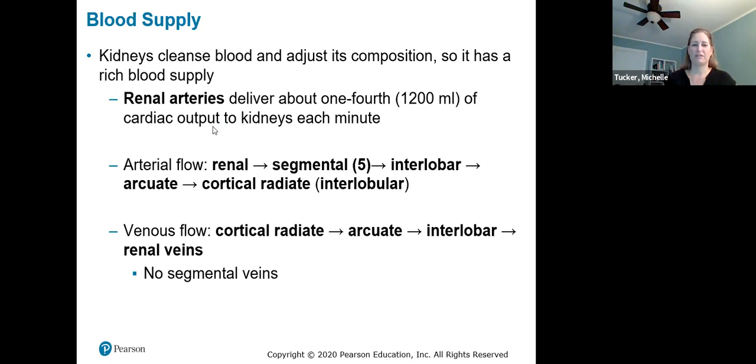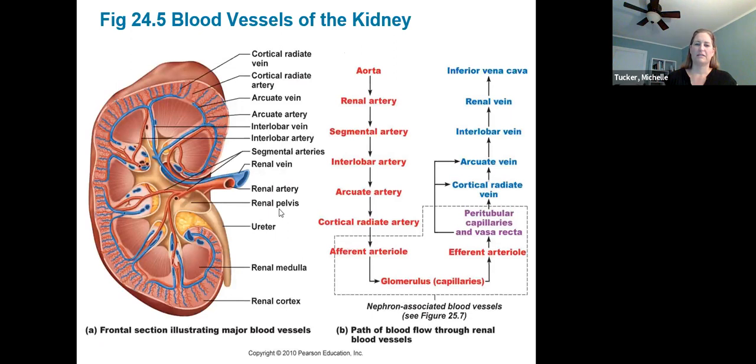The arterial flow, we're going to start at the renal artery, branch into segmental, into interlobar, arcuate, and then cortical radiate, which are sometimes called interlobular. So the blood flows in through this renal artery. Then the renal artery will branch into 5 segmental arteries.